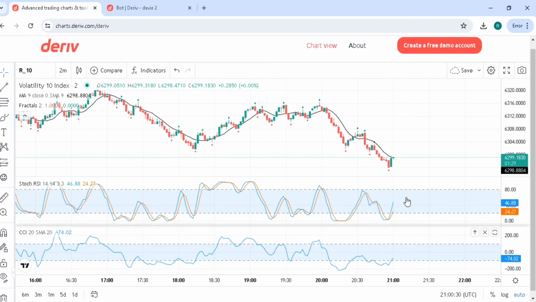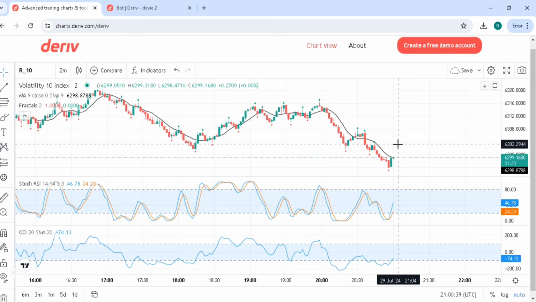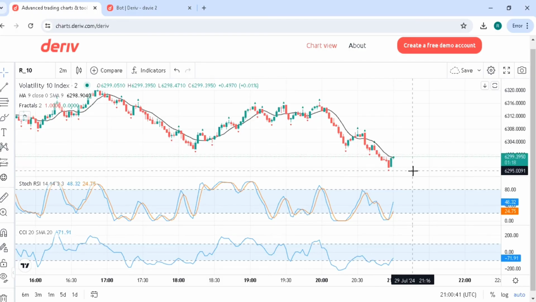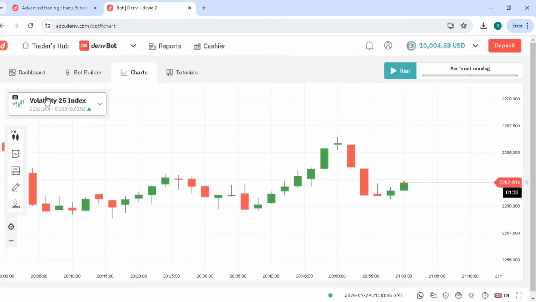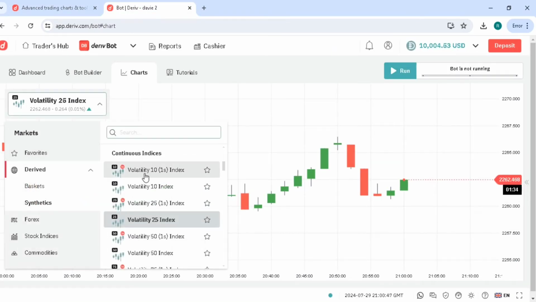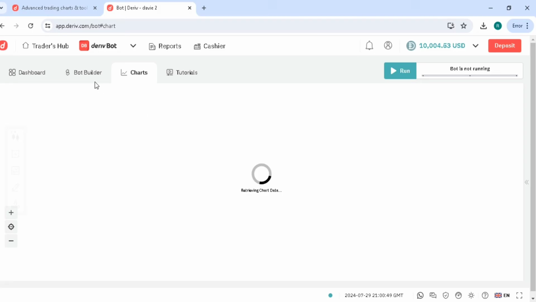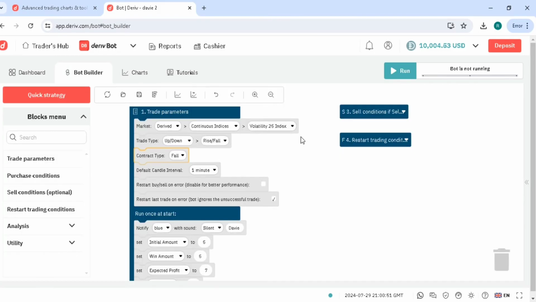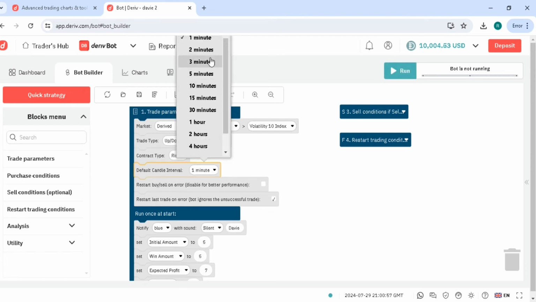Now this one, we can enter a rise after the next. If the next candlestick is green, we can enter with the other one because this one is touching the moving average. But if this is V10, so if we were to enter a trend in V10, and the bot we also change to 10, and let's say we wanted to enter a rise, and this should be 2 minutes.